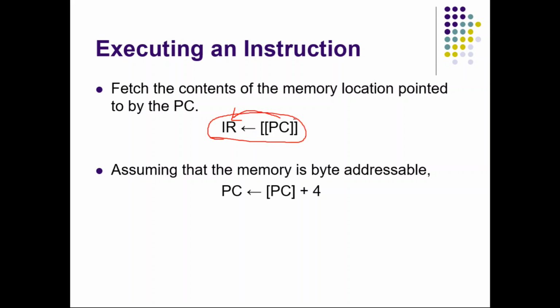Instruction fetch means the PC is loaded with the address of the next instruction, and the instruction specified by the PC is loaded into the instruction register. Then the ALU will decode the content of the instruction register, and accordingly it will execute the instruction.